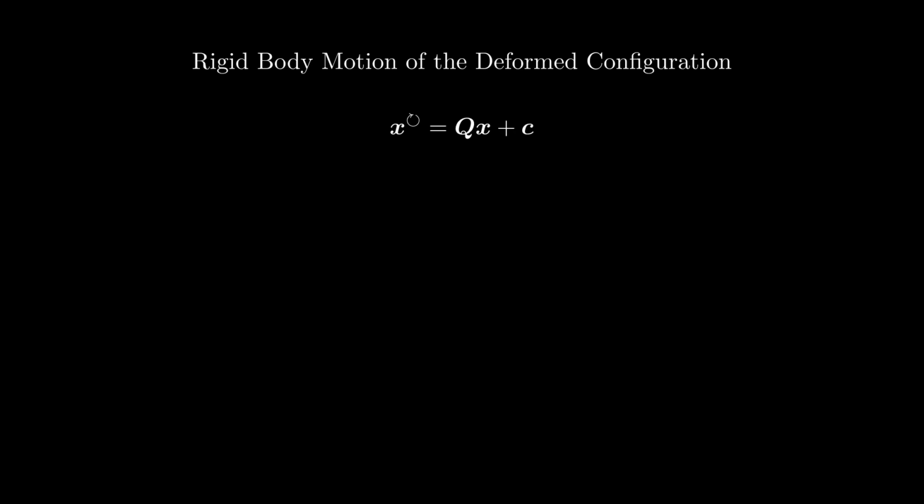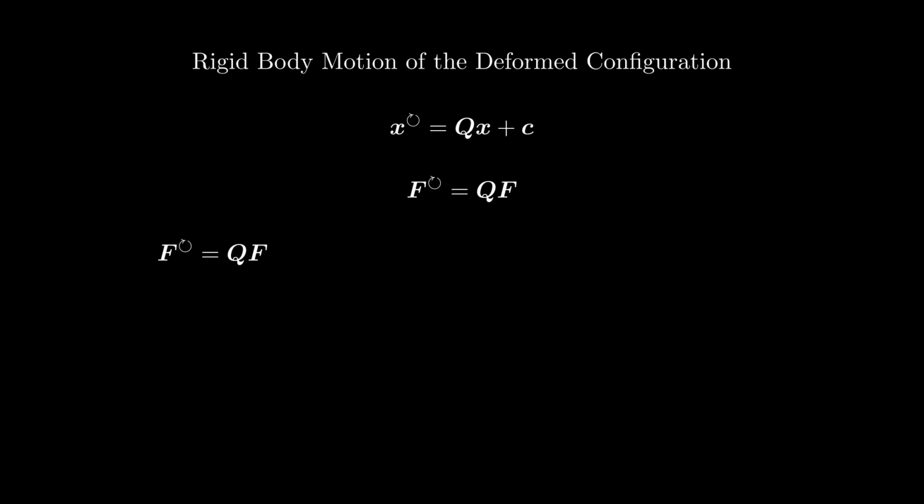The deformation gradient F arrow after both deformation and subsequent rigid body motion is the gradient of x arrow, which is equal to Q times F, where F is the deformation gradient after the deformation but before applying the rigid body motion. After having derived the deformation gradient F arrow, we can investigate how it decomposes into rotation and deformation.